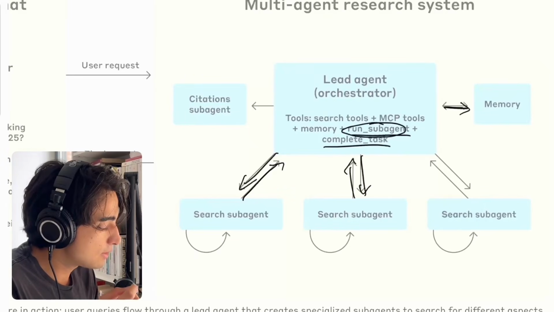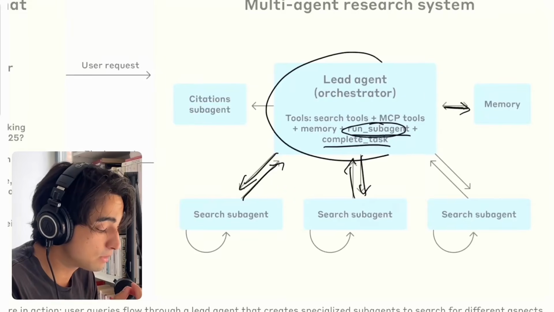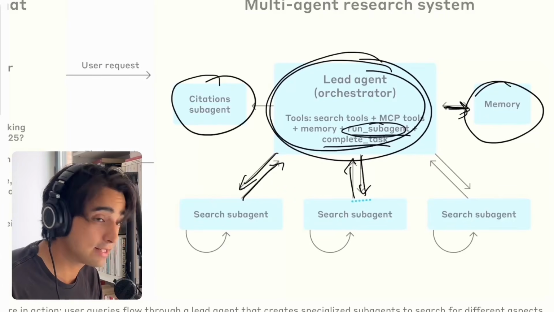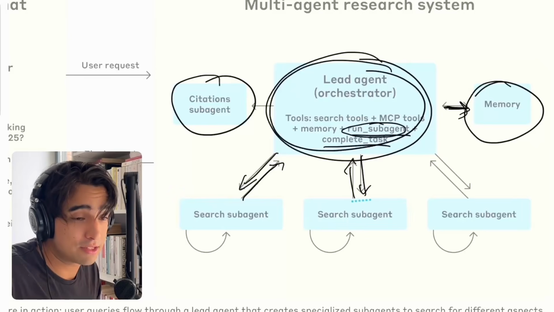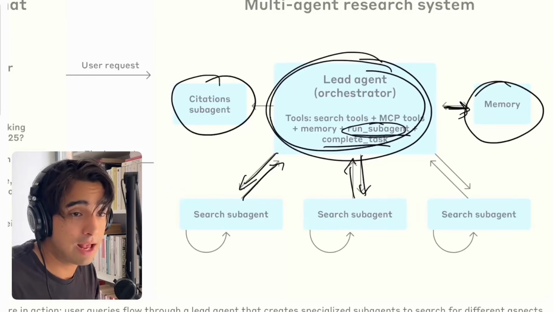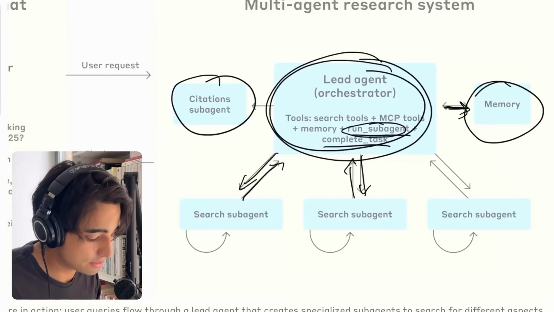Also, very importantly, it has access to memory to save the initial plan. And then they also created a citation sub-agent that will make sure that everything the sub-agents bring to the table is backed up by actual sources from the internet.